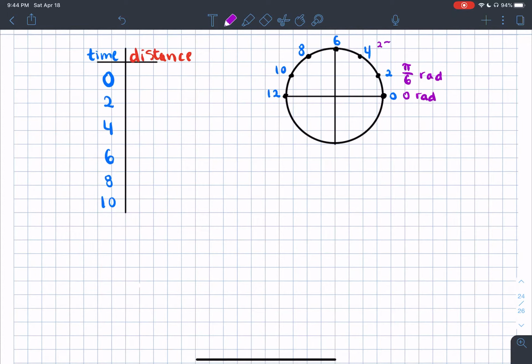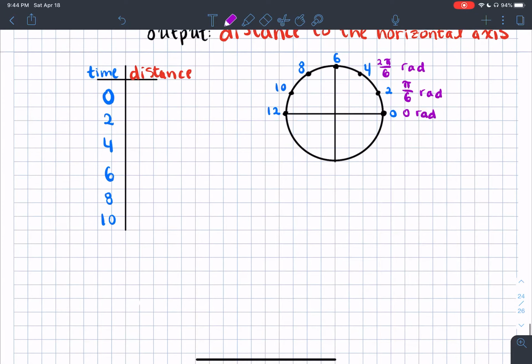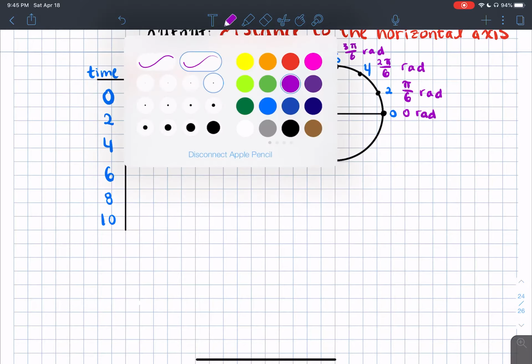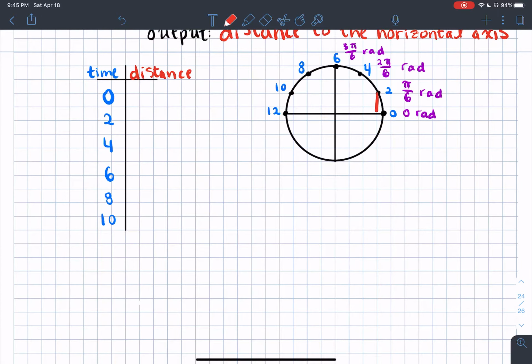Then 2 pi over 6 radians, 3 pi over 6 radians, and so on. How can we find this distance right here for those angles? Go ahead and think back to what we've done in previous classes using that Ferris wheel problem. How can we find these heights right here?